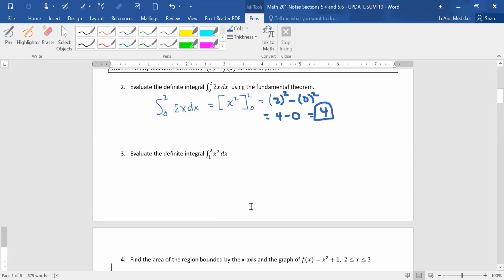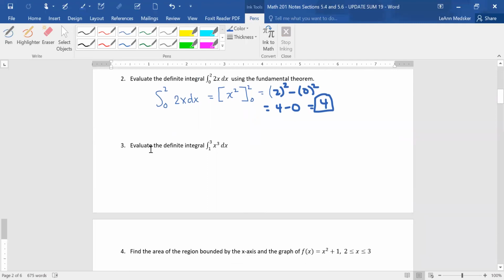So let's do another one of these. This says evaluate the definite integral from 1 to 3 of x cubed dx. With our newfound knowledge, we take the integral from 1 to 3 of x to the third dx, use the antiderivative rules and get x to the fourth over 4.